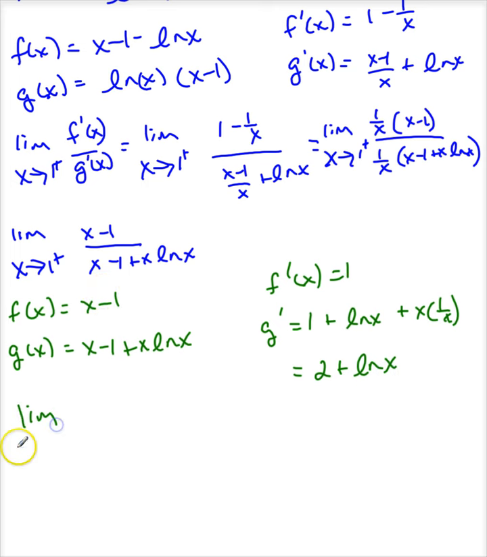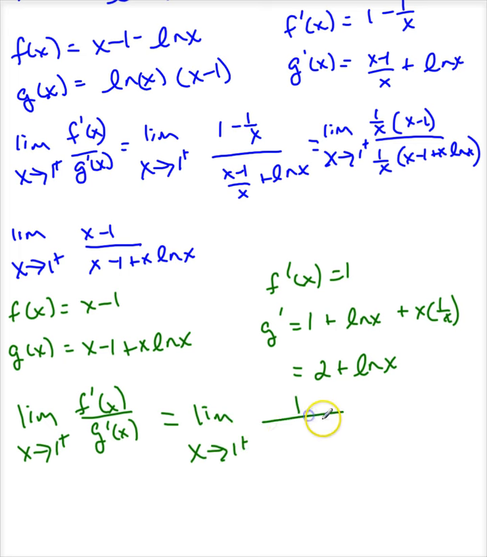So the limit as x approaches 1 from the right of f prime, and realize this is actually f double prime over g double prime, that's equal to 1 divided by 2, oops, I'm forgetting my limits today, it's equal to the limit as x approaches 1 from the right of 1 divided by 2 plus the natural log of x, or 1/2.